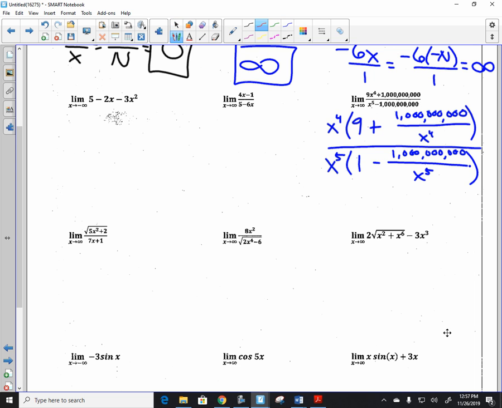Again, 1 billion doesn't compare to infinity. So what do we do with these? We cancel them off. And in the top, you'll be left with 9. In the bottom, you'll be left with x. And so when you plug in that large number, you can see you'll end up with 0.